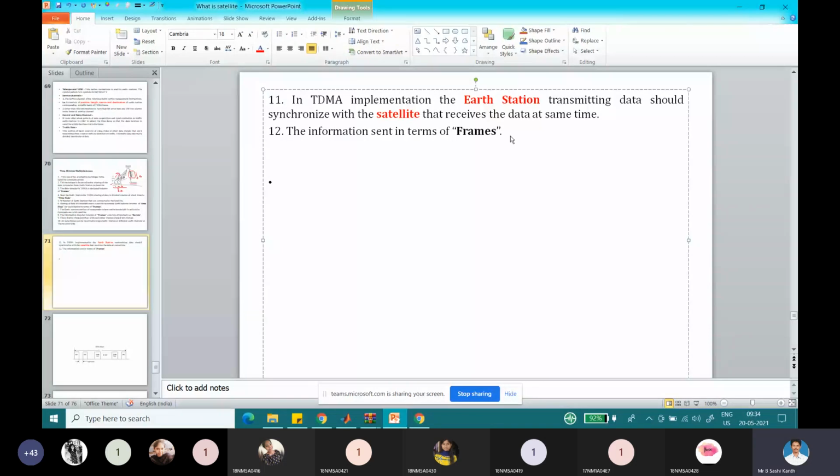The frame consists of data as bursts and is sent from the earth station. This burst, which consists of information, will be studied in terms of a structure now.